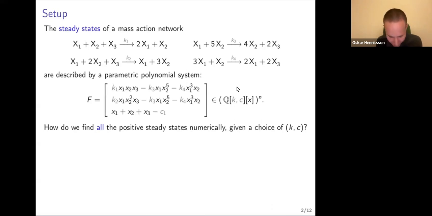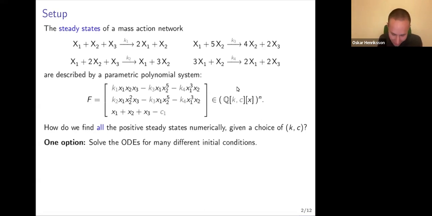Okay, but how do we do this? Well, the dynamical systems answer to this would maybe be, let's just plug in some different initial values and solve the ODEs that Elizabeth showed us. That's certainly possible. Maybe the slight downside is that you would only find stable steady states.